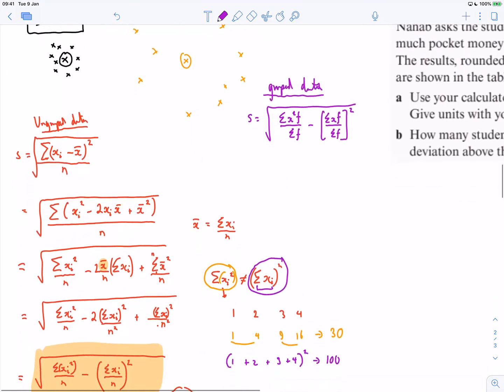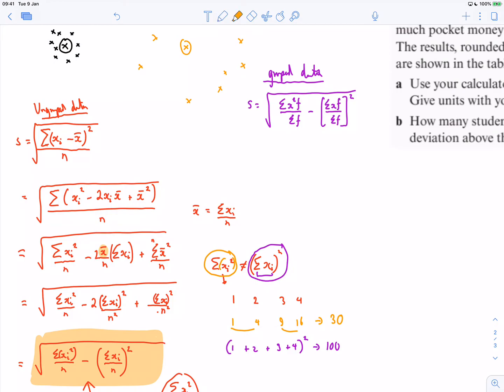So, generally speaking, these orange formulas are the ones you need. In some textbooks, they'll refer to this quantity, i.e. the sum of the xi minus x bar, as Sxx. And on your calculators, you'll see that as s of x, sometimes.